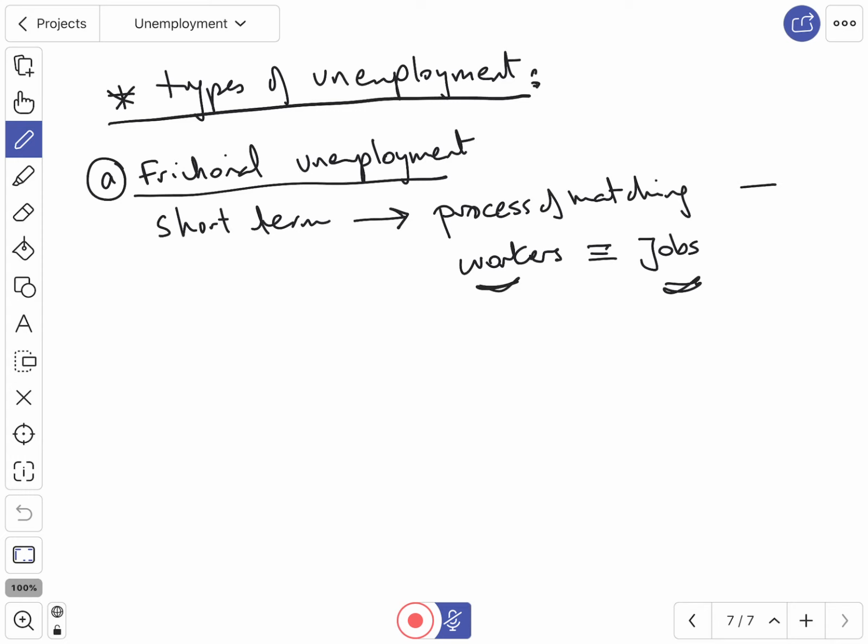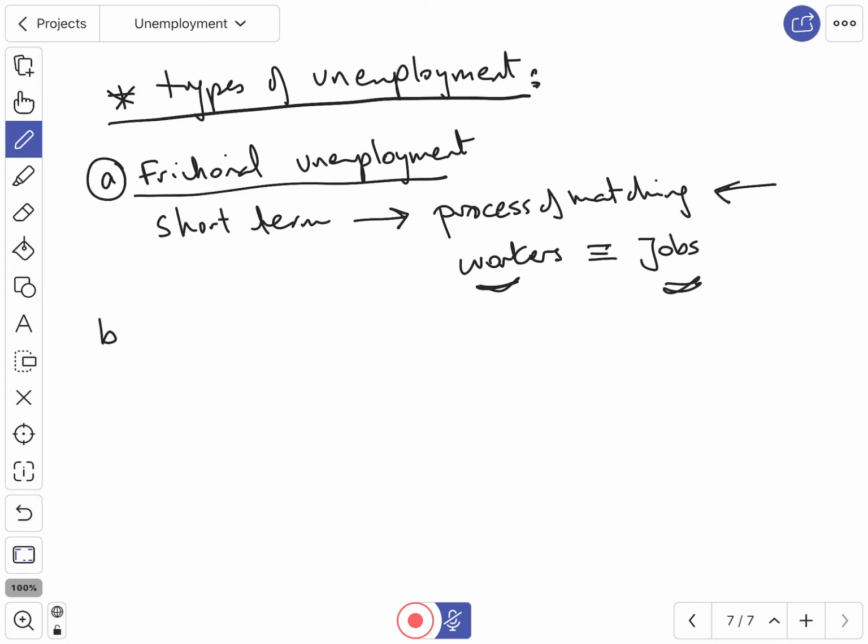This process of matching involves steps. You look for a job, you read the ad, then you apply, then you go for the interview, and then you probably go for a fly out until you actually receive the job offer. It's not as serious because this is what we expect in the process of finding a job. It's not like whenever you need it you find it. You have to go through a process, and we call this frictional unemployment.